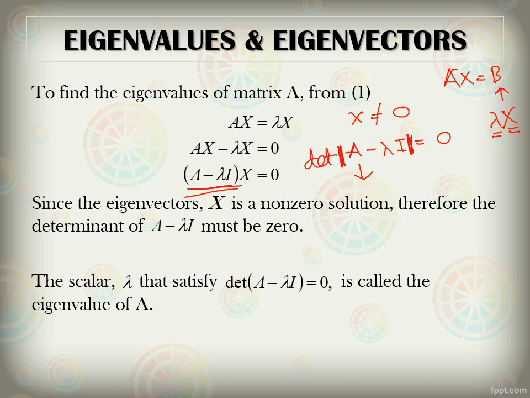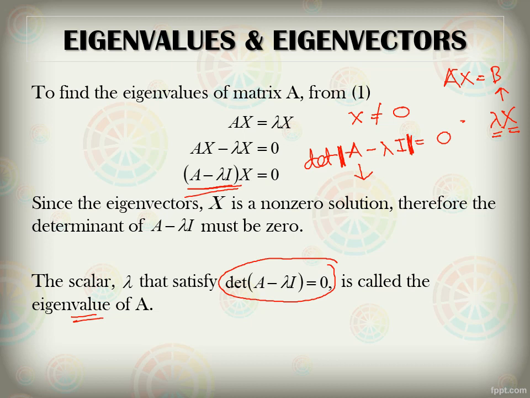From this equation, the lambda that satisfies the determinant of A minus lambda I equal to 0 is called eigenvalues. So any values of lambda, which is a scalar or a constant, is called an eigenvalue when it satisfies the determinant of this equal to 0.